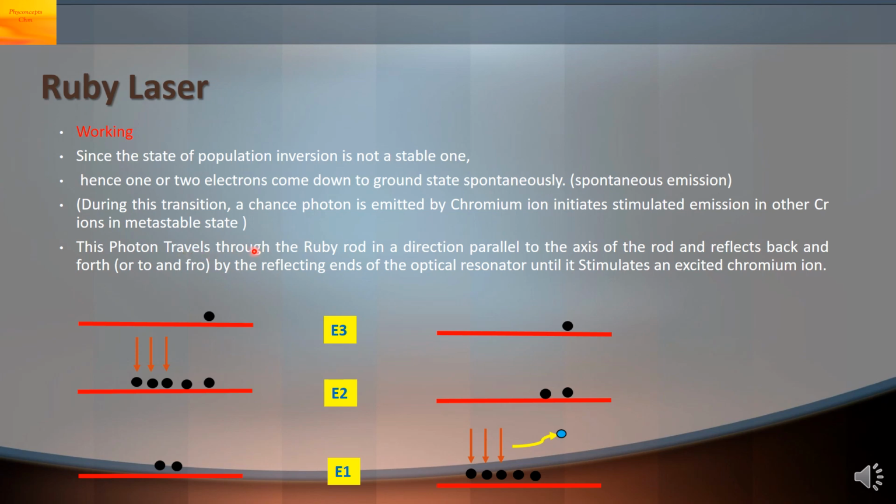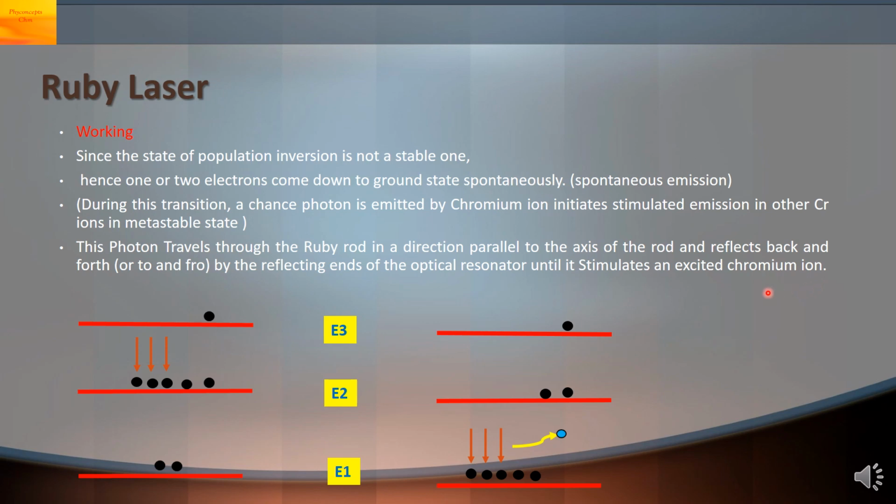This photon will travel through the ruby rod in a direction parallel to the axis of the rod and reflect back and forth by the reflecting ends of the optical resonator until again it stimulates an excited chromium ion.